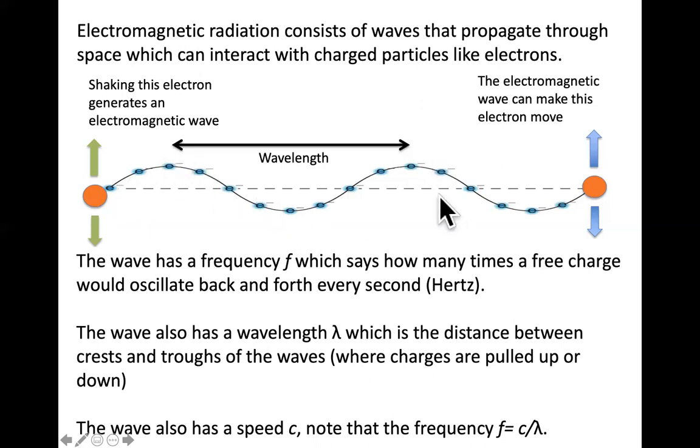And they just repeat. The distance between two locations where the charges are moving the same way is a spatial scale called the wavelength. This is also the distance between two troughs, two places where it's being pulled down the most, two places where it's near the center, etc. There is a length scale associated with this.